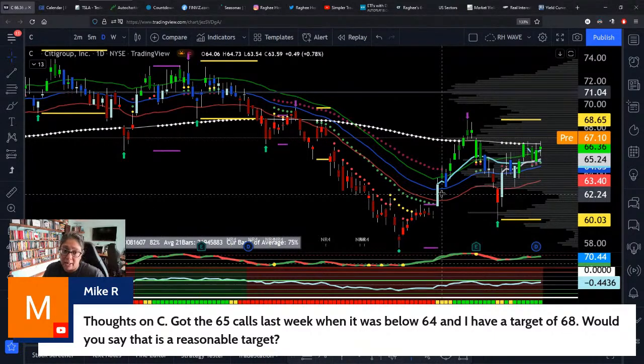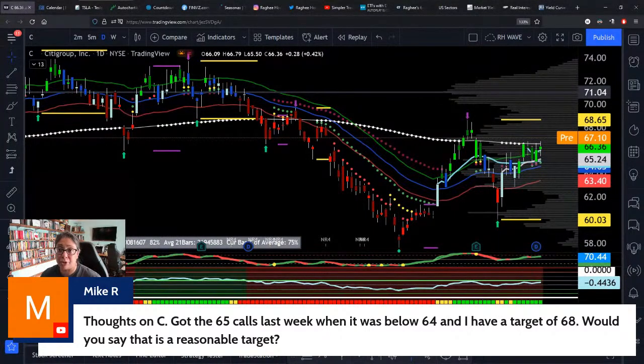Your best bet to see it break the 200, which it will on the open, looks like, and continue moving higher, is going to be the XLF itself, and that tide lifting all boats. So it's reasonable if XLF continues to move higher. Okay, all right, hope that makes sense.